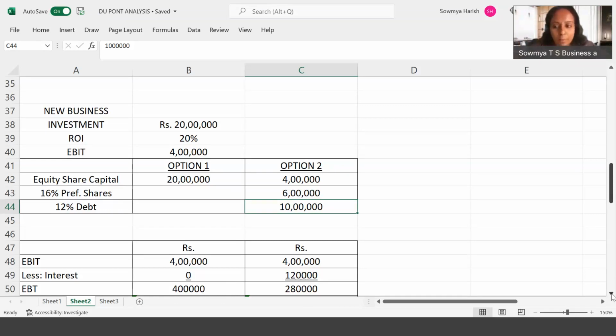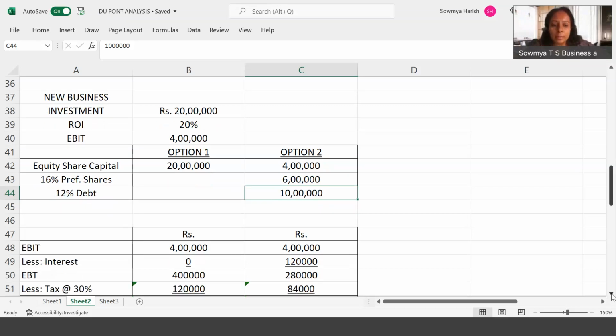Think that 30% is the tax rate. And this tax rate is always levied on EBT. So 30% on 4 lakh comes up to 1,20,000 and 30% on 2,80,000 comes to 84,000.